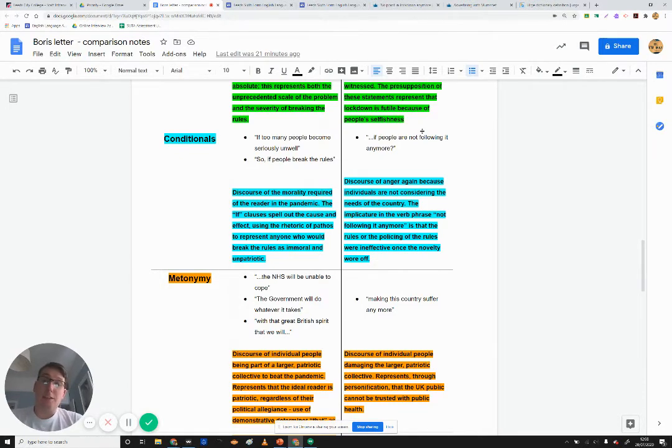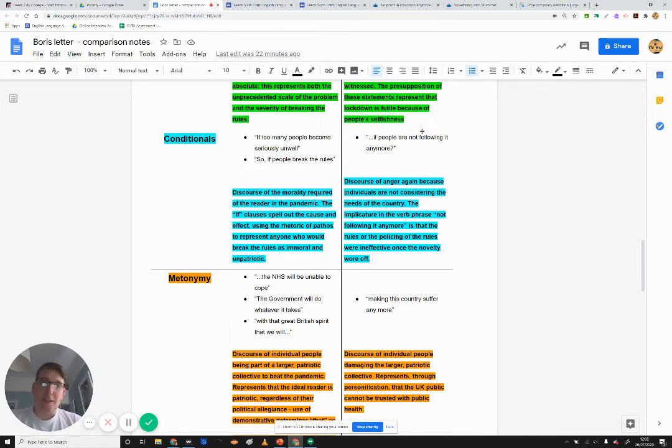The individuals who are breaking lockdown are not considering the needs of the country as a whole. The implicature in the verb phrase, they're not following it anymore, shows that policing the rules of lockdown didn't work. They're ineffective. Or maybe the novelty of lockdown has worn off, in the opinion of the writer of Life Matters.